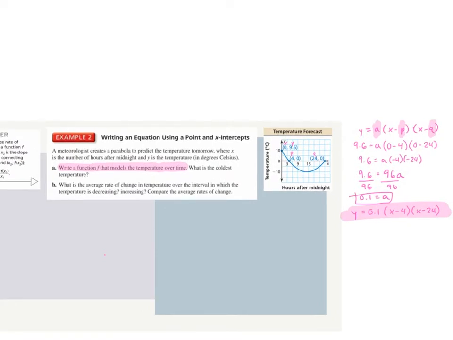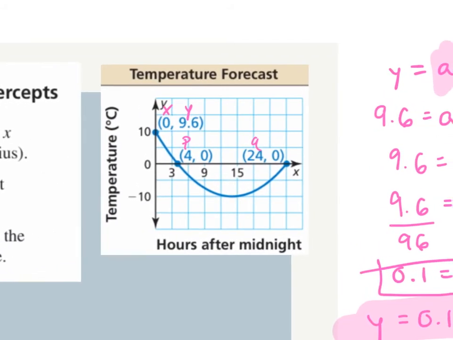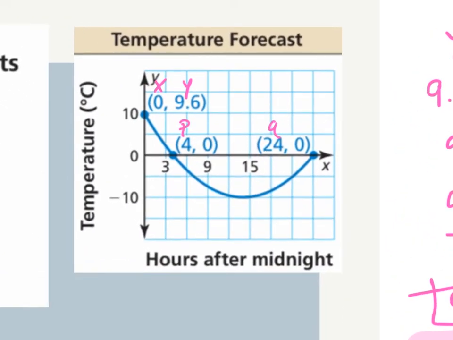The next part says, what is the coldest temperature? Looking at our graph here, what do you think the coldest temperature is? Negative 10. So remember, we're looking at the temperature, and the coldest it gets is negative 10.